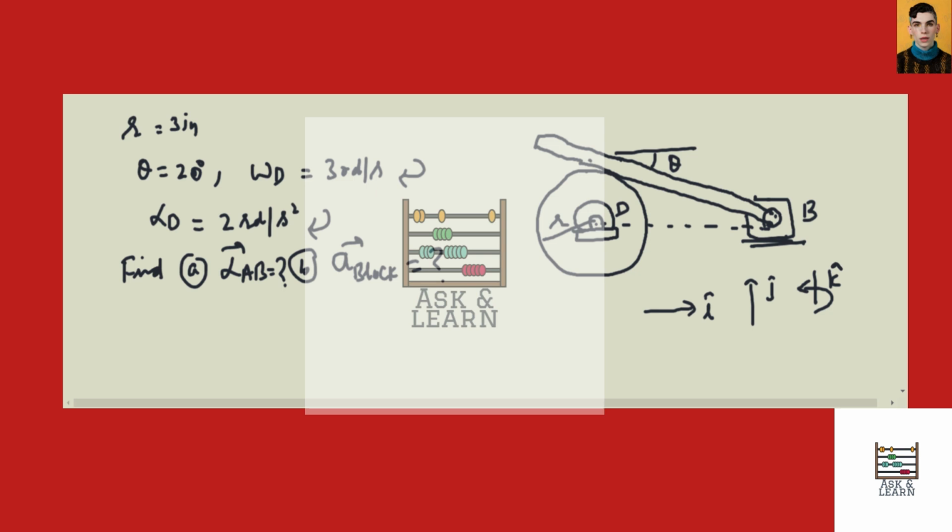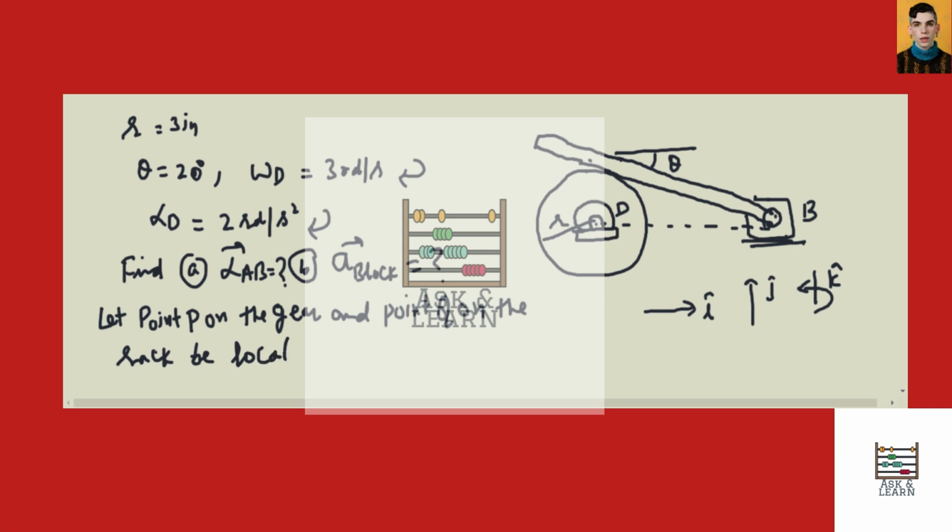Let point P on the gear and point Q on the rack be located at the contact point between them.